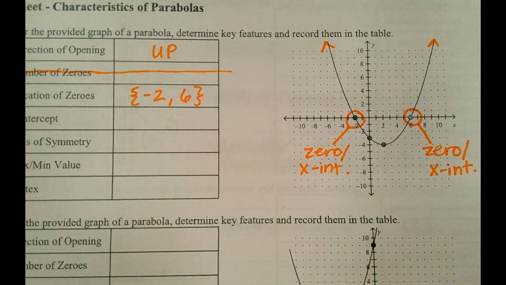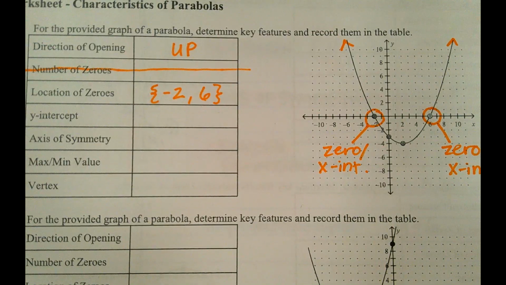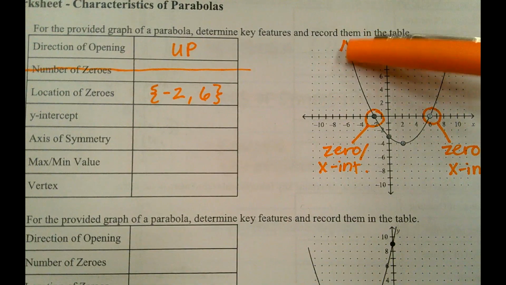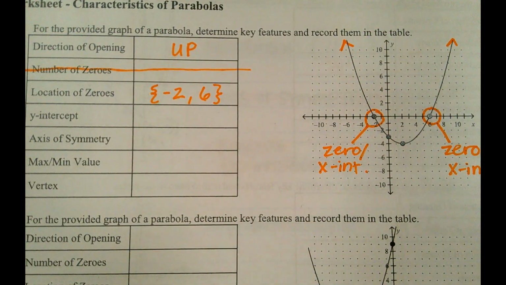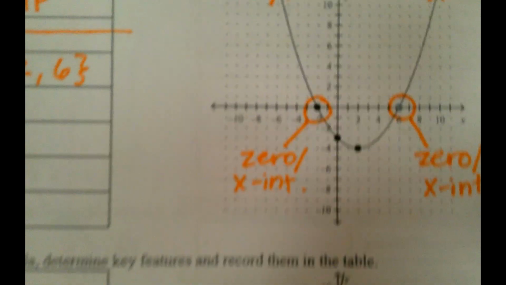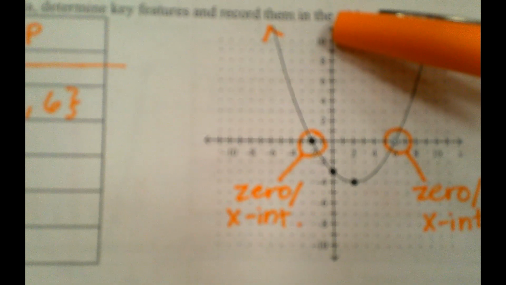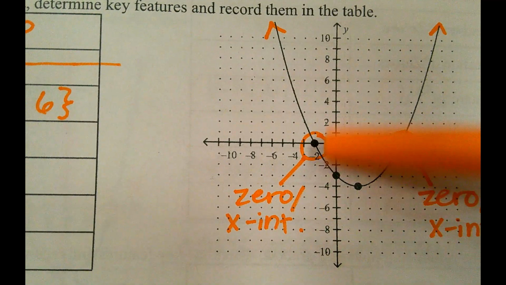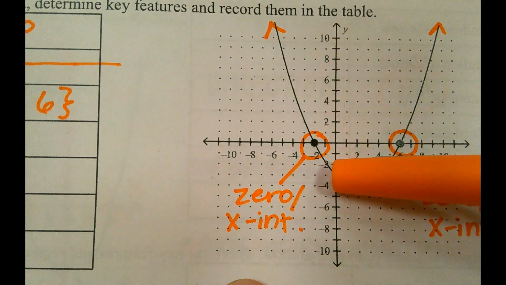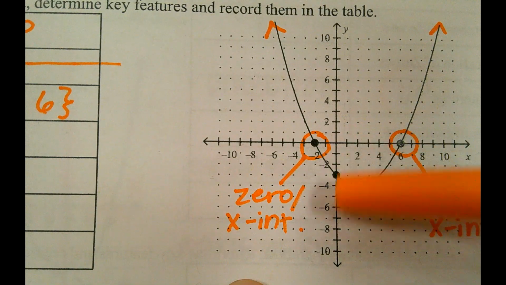So next, we want to find the y-intercept. Now, I know on the first example, our y-intercept was way, way up high, but on this graph, it is -3. So I'm looking and I'm looking, and I know my y-axis is the line that goes up and down. And oh, there's a point on my y-axis right in between -2 and -4.